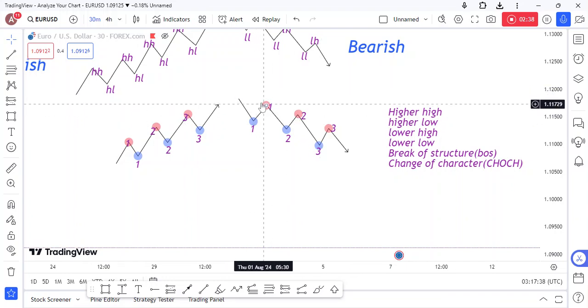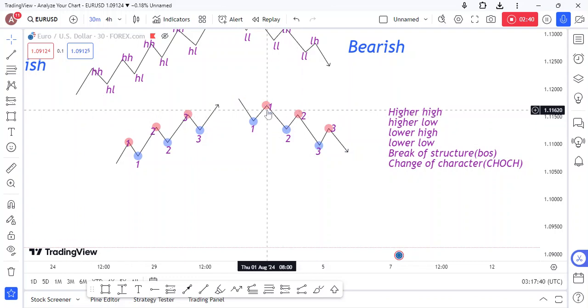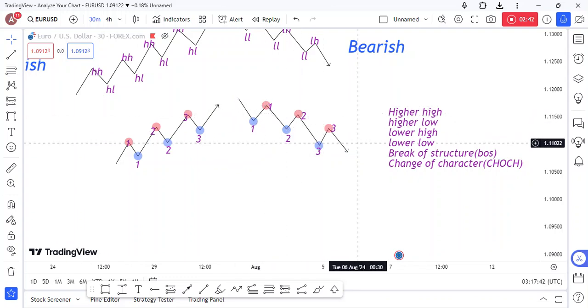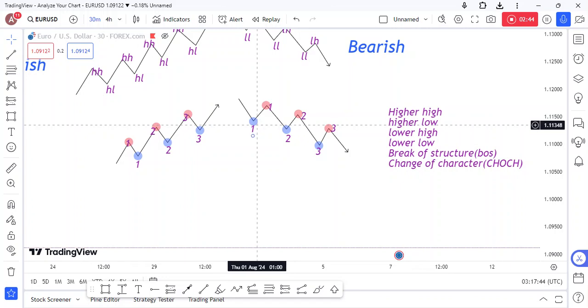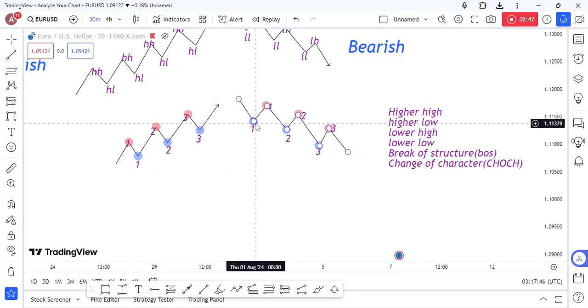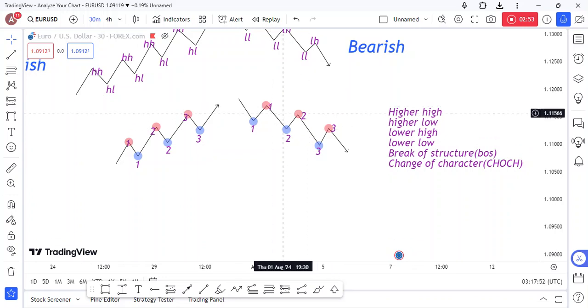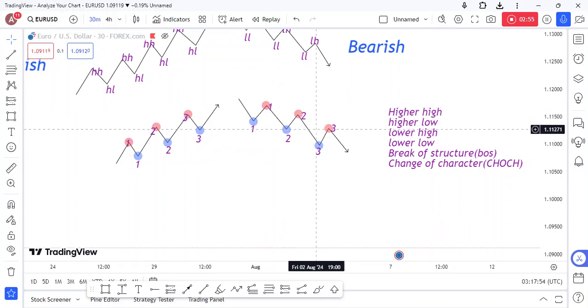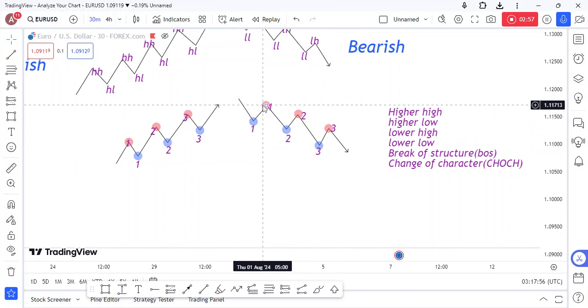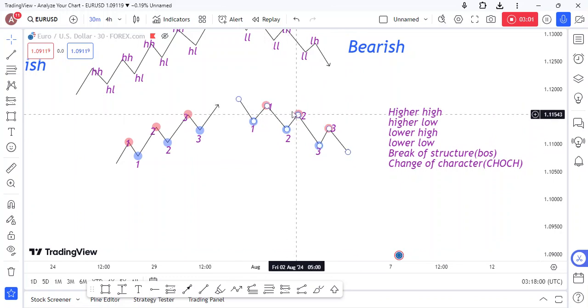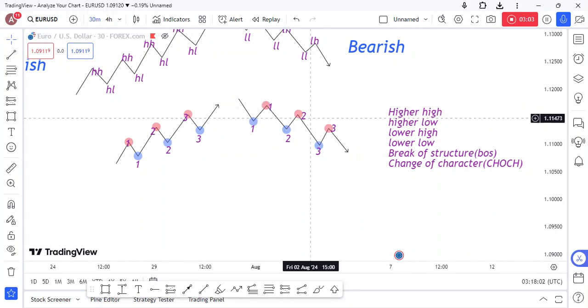Now, in a downtrend, these are also highs, but you realize that the highs are decreasing. And these are also lows, but you realize that the lows are decreasing. What I mean is that as you go down, this is a downtrend, which means market is moving down. So if you go down, you realize that two is lower than what? One, and three is also lower than what? Two.